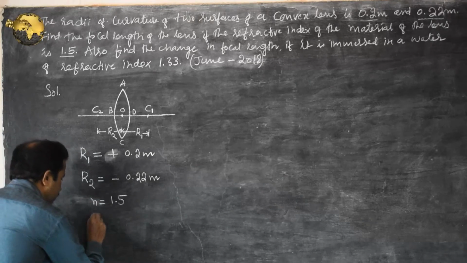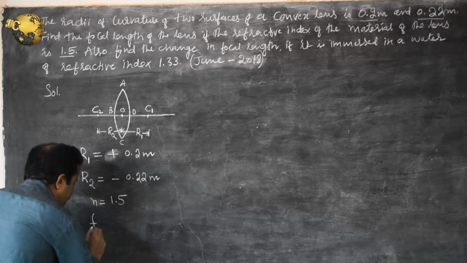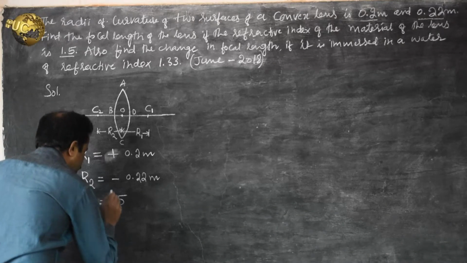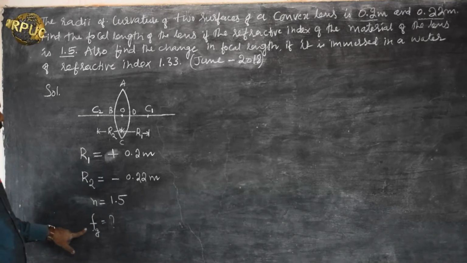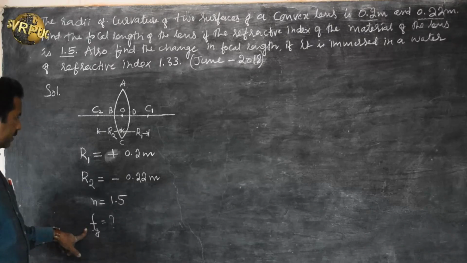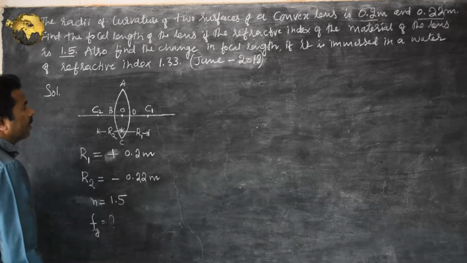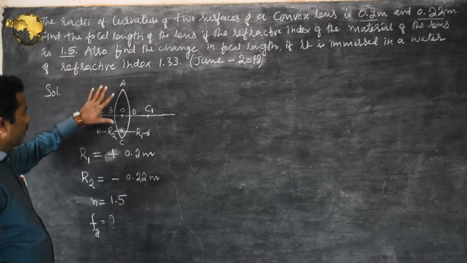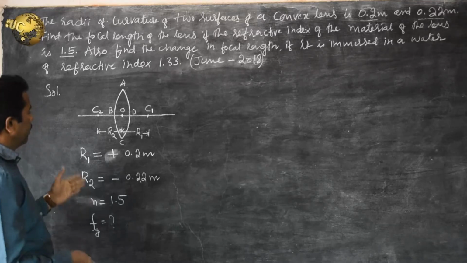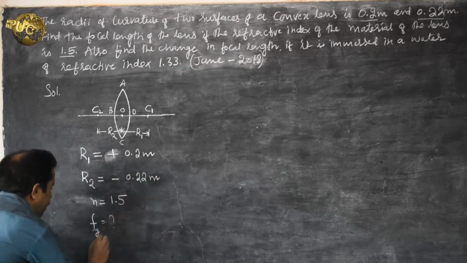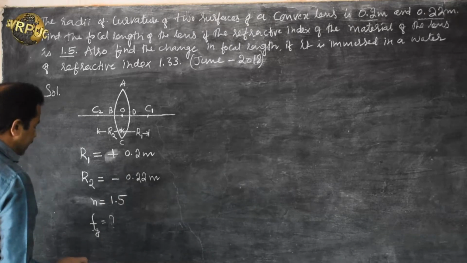The first one I will take as Fg, which is the question mark, the focal length of the glass lens. And when the same system is immersed in water, the refractive index of the water is 1.33.